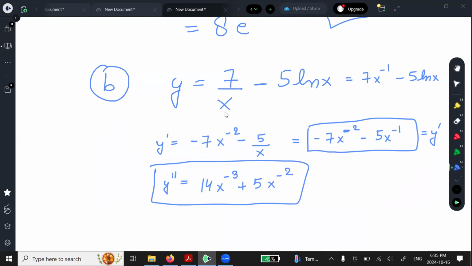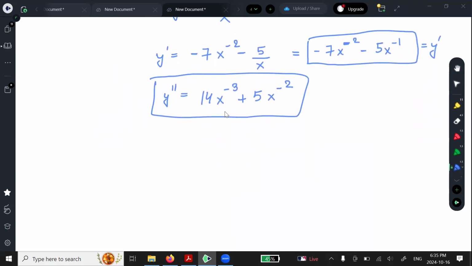Good. Now I want to talk about finding the intervals of concavity. Number 14 is the question. Doing good? Okay, number 14. Number 14 is you're given a function, which is very typical in the exam.